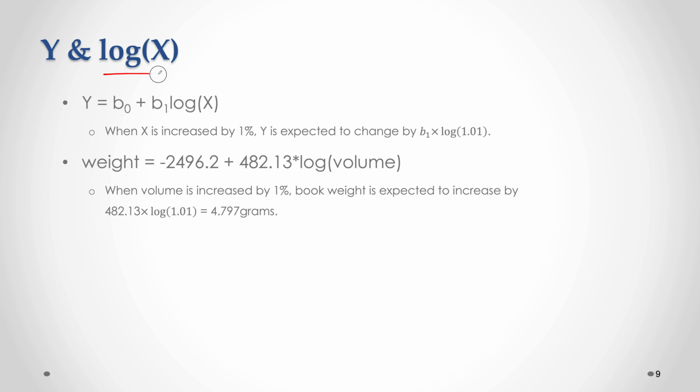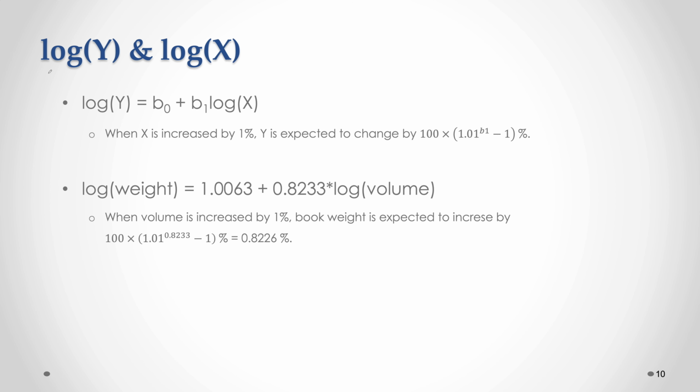Similarly, if we have a situation where we take log transformation for the x variable, we can do similar math, and we'll find that when x is increased by 1%, y is expected to change by b1 times log of 1.01. So with this model, our interpretation will be that when volume is increased by 1%, book weight is expected to increase by about 4.797 grams.